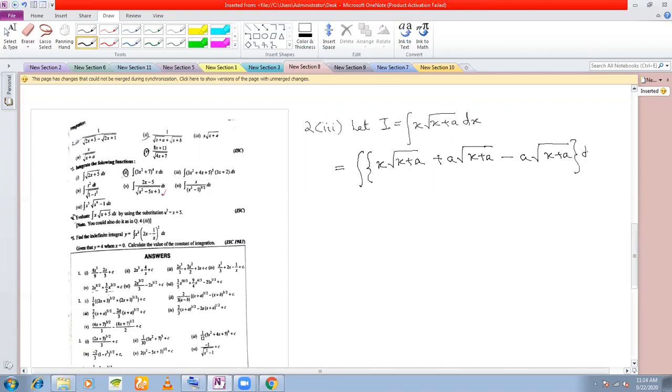Now what happens? You take these two together. So what do you get? If you take these two together, you will get x plus a root x plus a minus a root x plus a. Now see whether you have understood this.